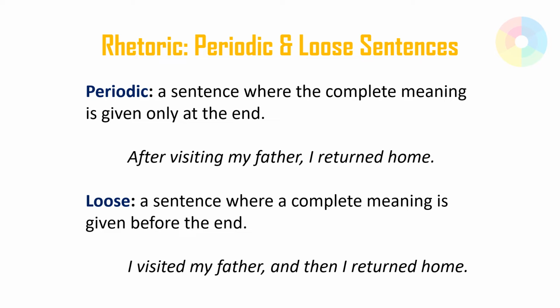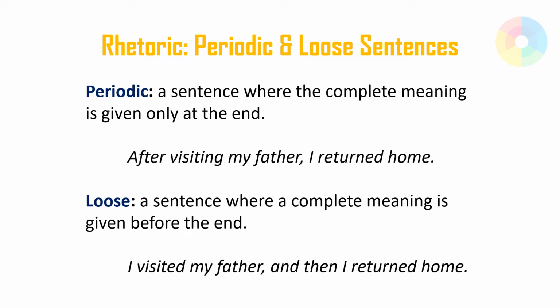Now, using our understanding of clauses and sentence types, let's examine rhetorical variety, namely periodic and loose sentences. So what we were looking at before was differences in sentences in terms of their grammatical structure, in other words, in terms of the number and type of clauses that they have.